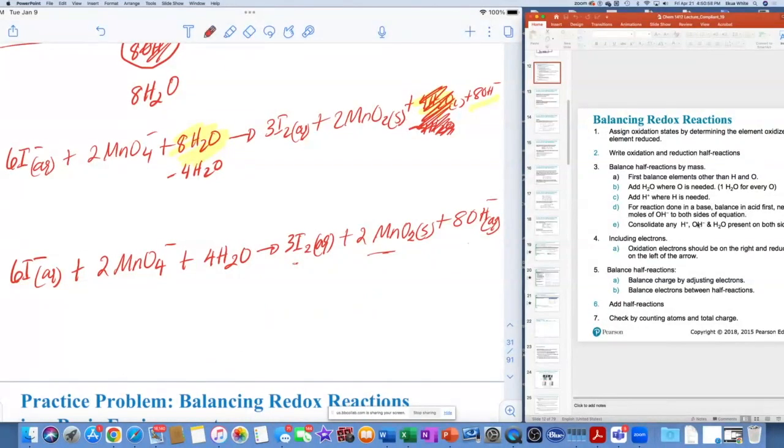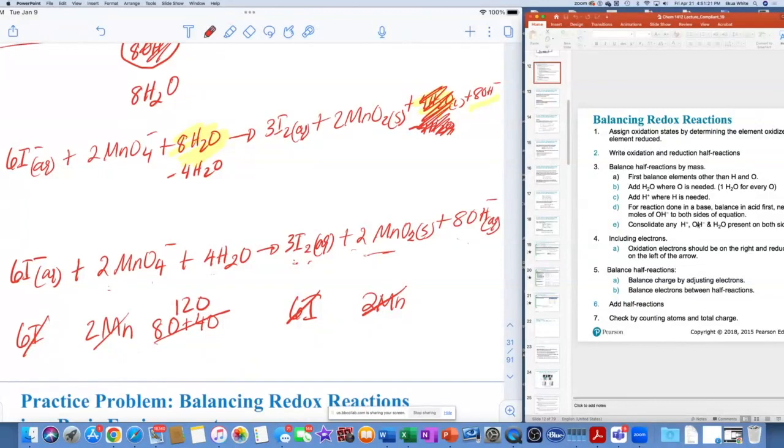Okay, let's see. Number of atoms. We have 6I, 3 times 2, 6I. So that's balanced. We have 2 Mn's, 2 Mn's, so that's balanced. We have 8 O's plus 4 O's, so we end up with 12 O's.